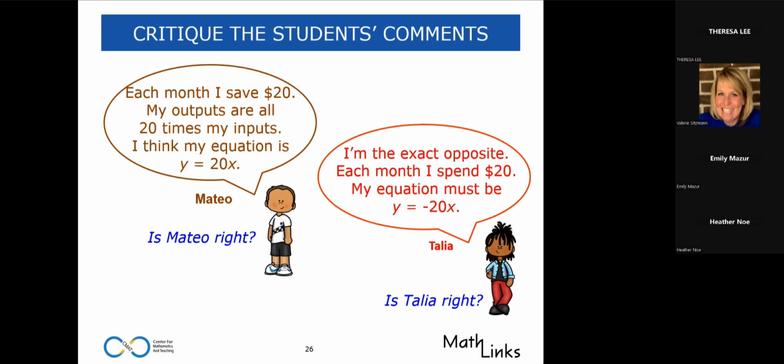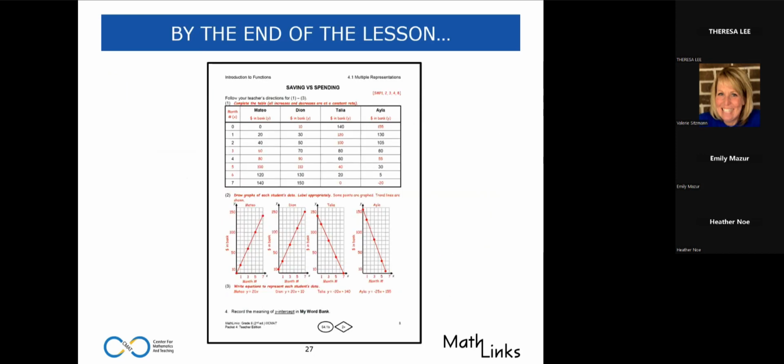This final slide in the deck sets up a critique reasoning discussion based on the statements of these two students. By the end of this part of the lesson, students will produce a table, 4 graphs, and 4 equations on the structured workspace that is provided.